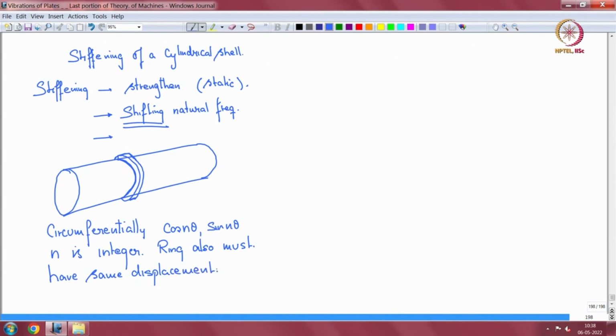So the alpha 11 for the cylinder and beta 11 for the ring, we will calculate for any one particular type of displacement, that is either cosine n theta or sine n theta, it does not matter.